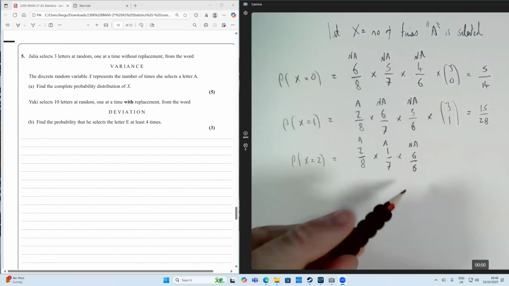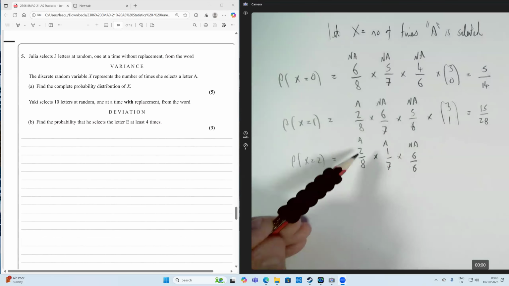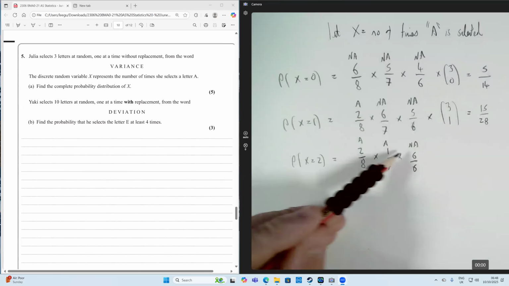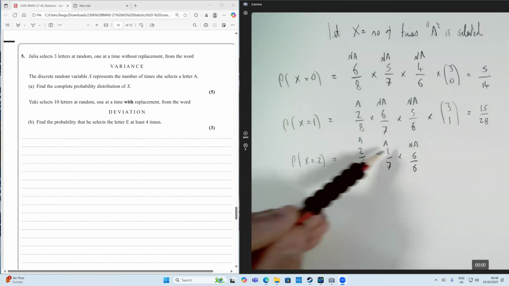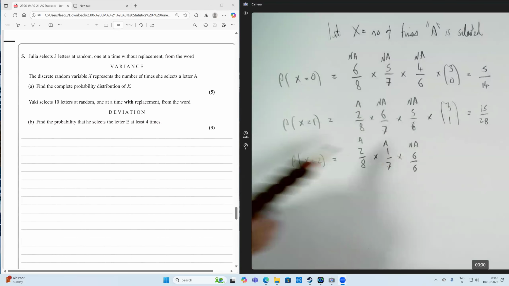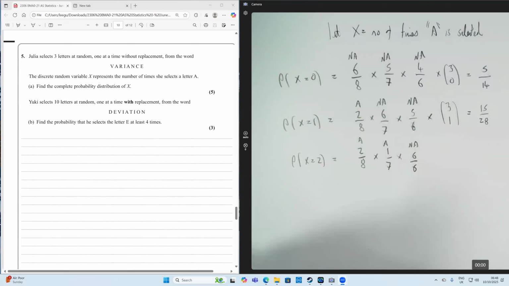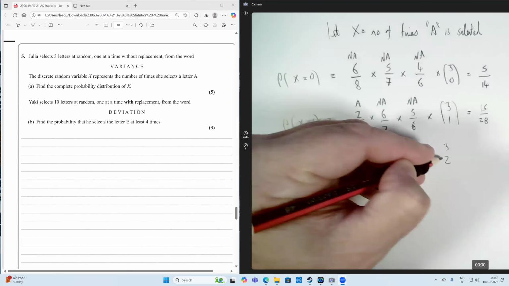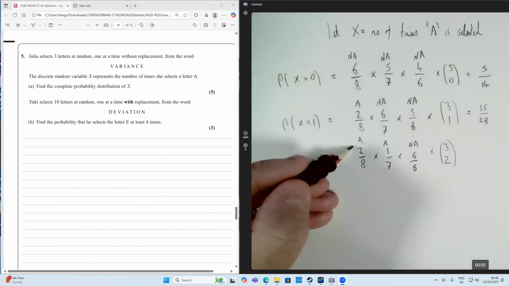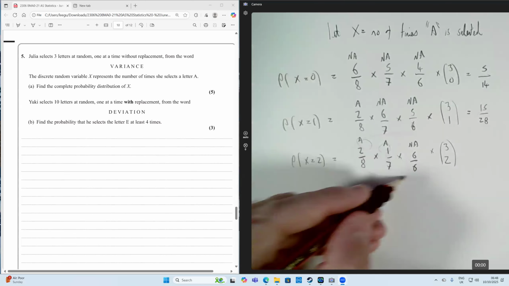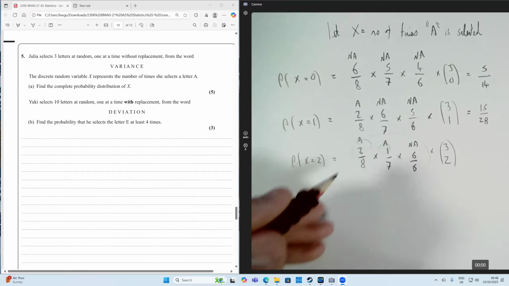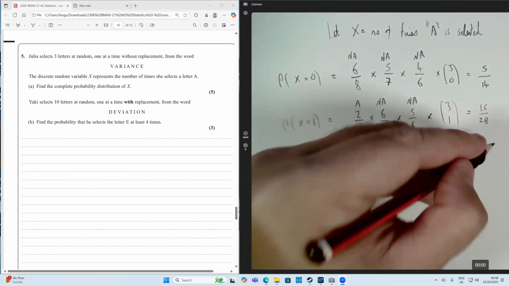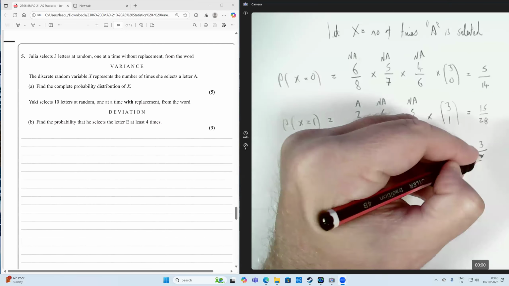But again, the order in which these happen matters: the not A might be on the last choice, on the second choice, or on the third choice. So there's 3 different combinations of ways that this can happen. This is technically 3 choose 2, because we're choosing 2 A's out of our 3 selections, which is just 3 as well. So that ends up as 3/28.